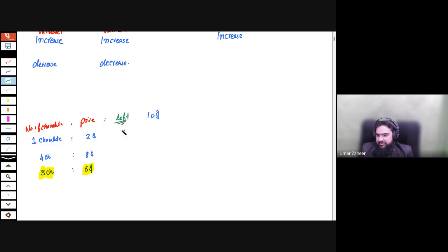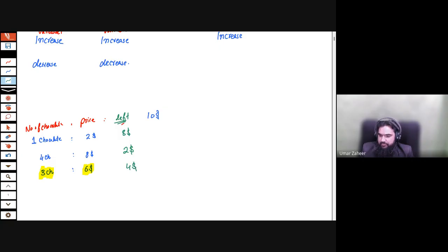The left amount will be 10 minus 2, you will have $8 left. In the same way, if you purchase four chocolates and the price is $8, what is the money you have left? That will be $2.